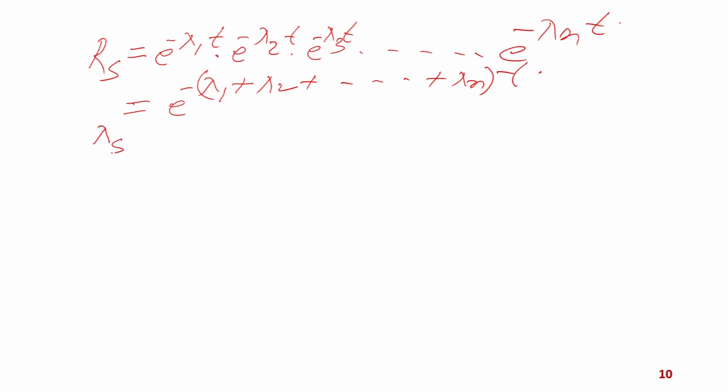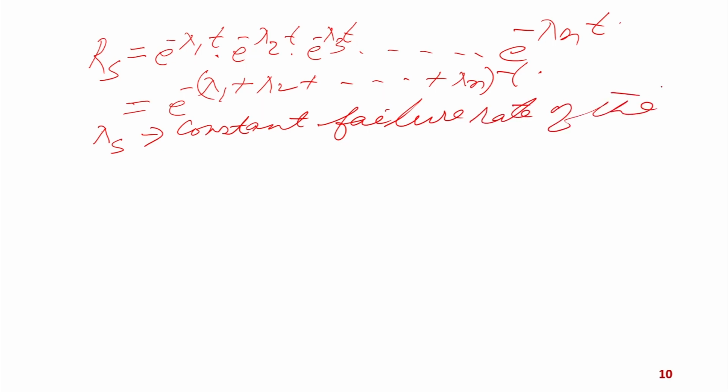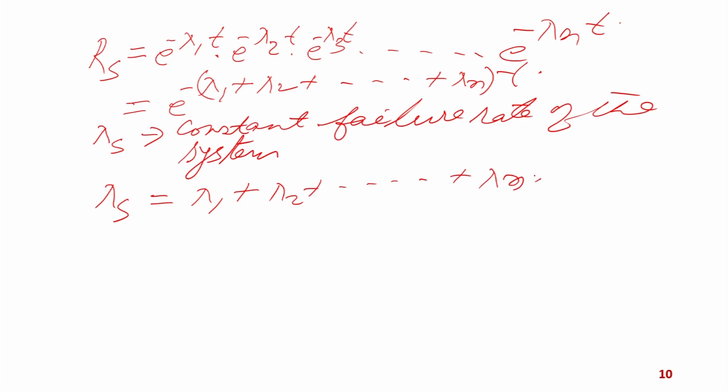If lambda s is the constant failure rate of the system, then I can write lambda s is equal to lambda 1 plus lambda 2 plus up to lambda n.